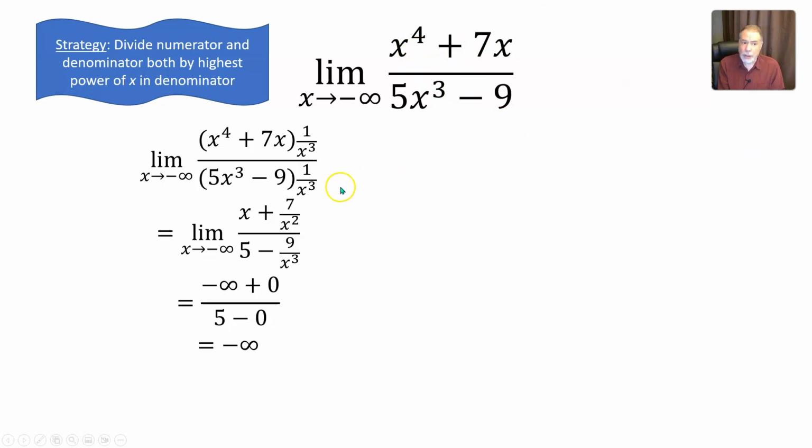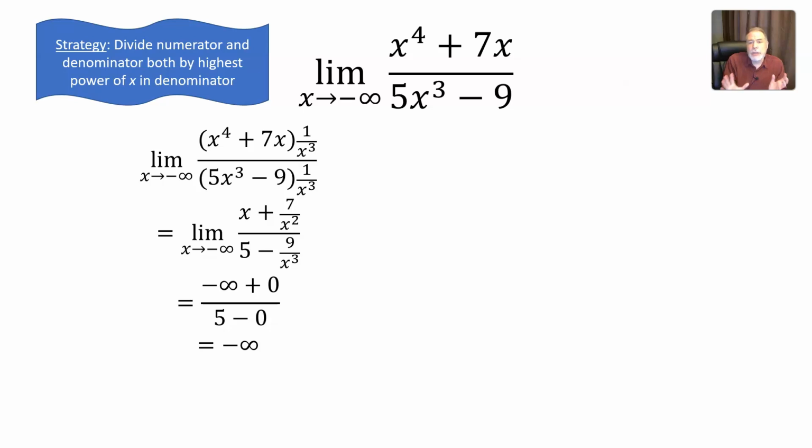Well, sort of. We would have gotten a 1 on top, and we would have gotten everything on the bottom going to 0. And so we would have had a limit of 1 in the numerator over 0 in the denominator, and that would be enough to tell us that the whole thing just does not exist.